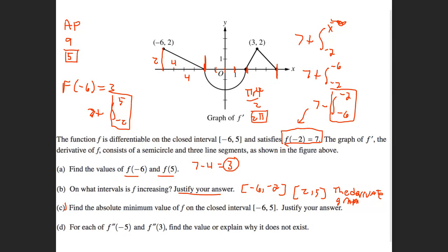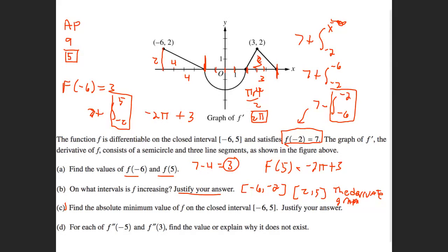This is negative 2 pi, plus the area of this triangle. The base is 3 and the height is 2, so that's 3 times 2, which is 6, divided by 2, so that's 3. So f of 5 is equal to negative 2 pi plus 3.